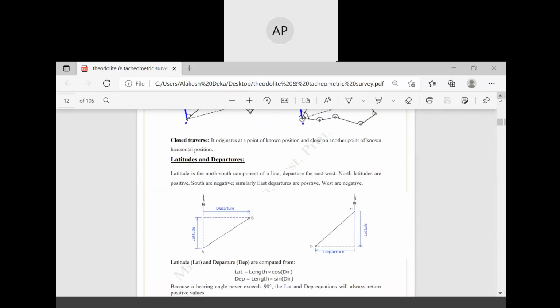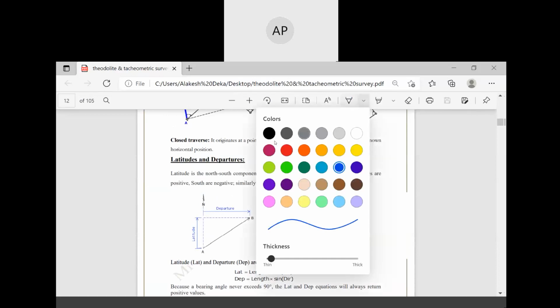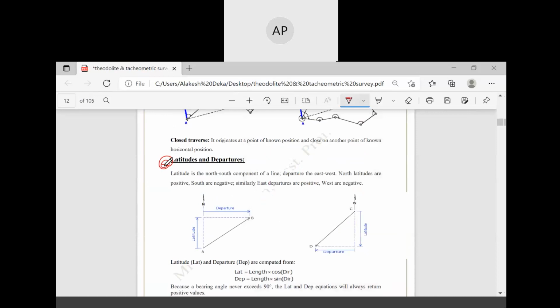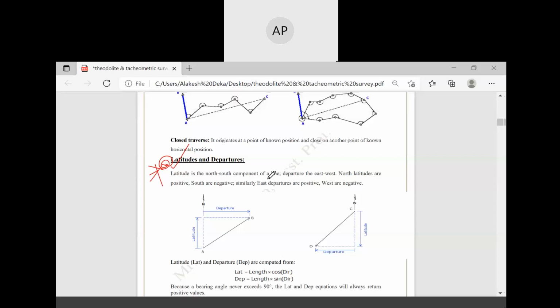And there are some important points regarding this, and these are latitude and departure. Okay, important. What is latitude? Latitude is the north-south component of a line. Departure is the west-east.